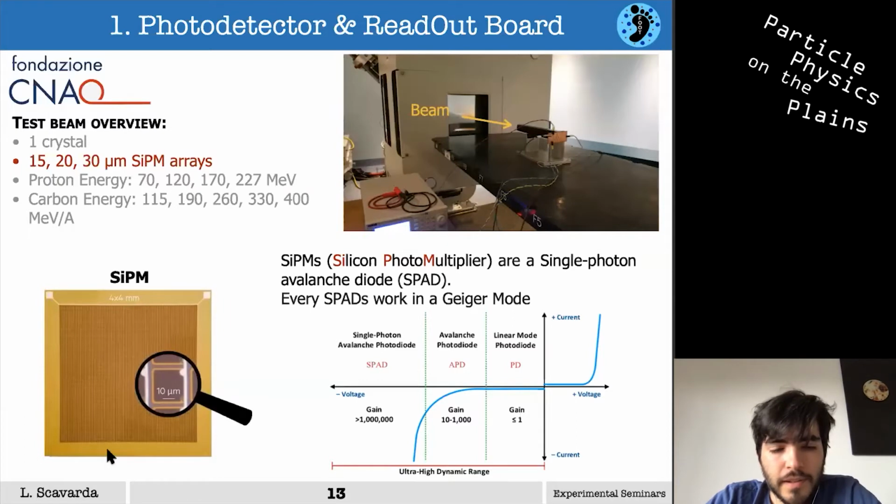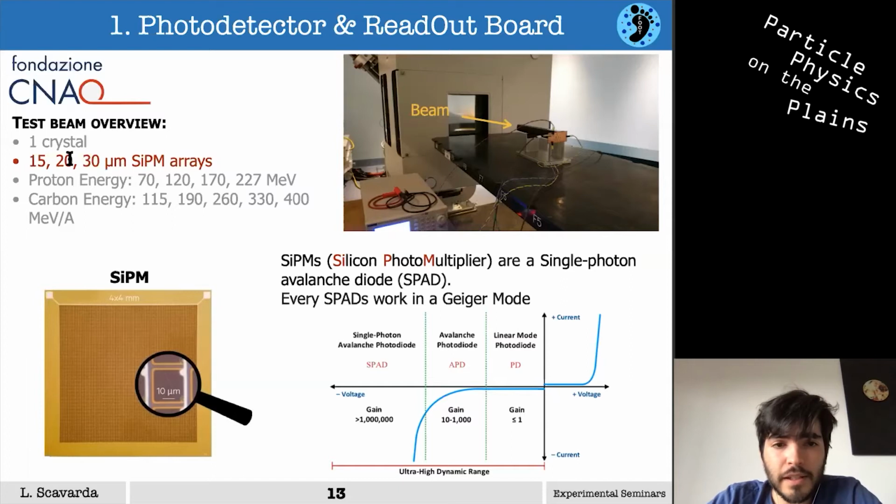So this detector is really useful if you want to count photons, because the number of photons will be the number of the cells activated, the microcells activated. But there is a problem with this device, because if you have more photons than the number of microcells, you will get saturation. So we have performed this test beam in order to understand which was the best silicon photomultiplier for our purpose.